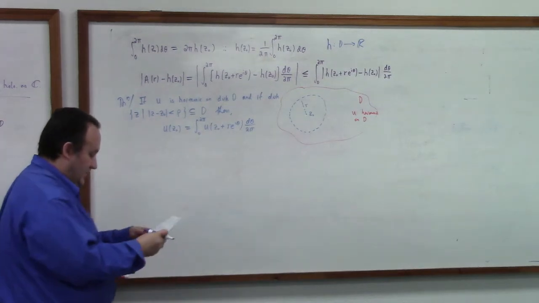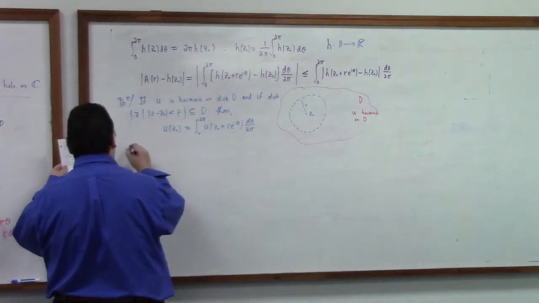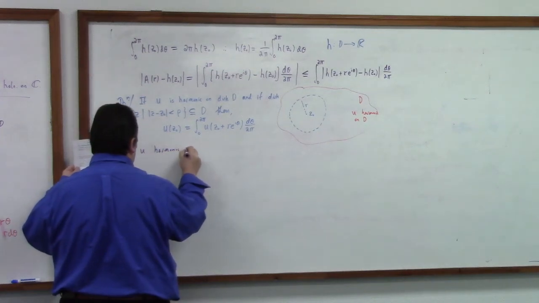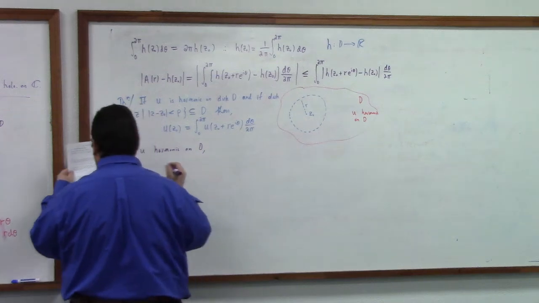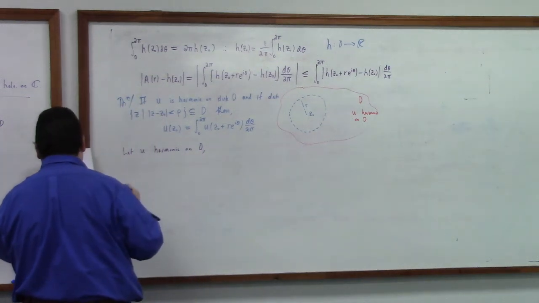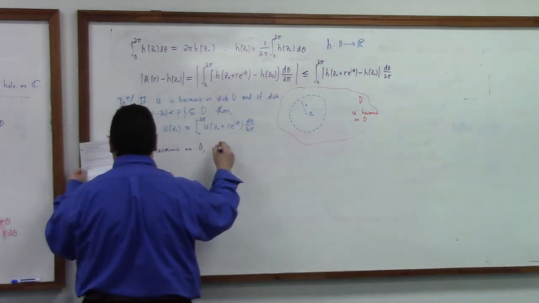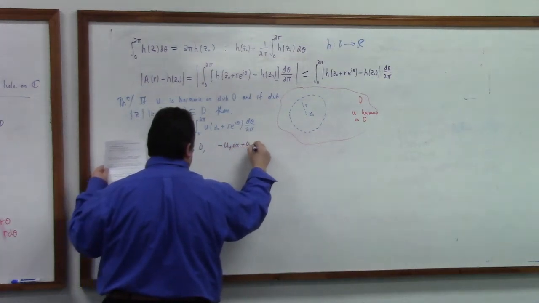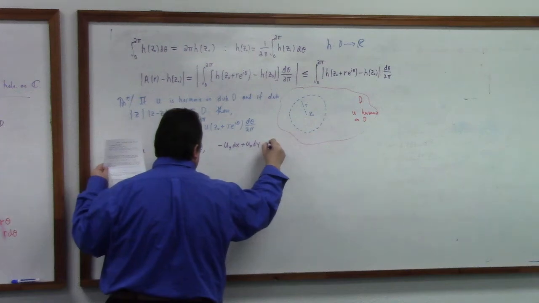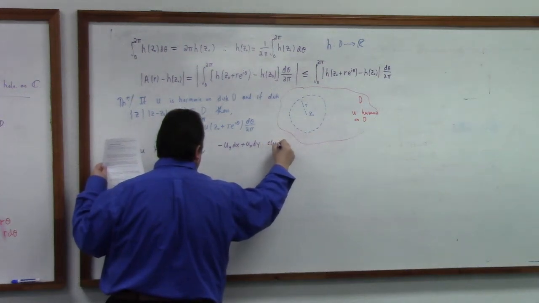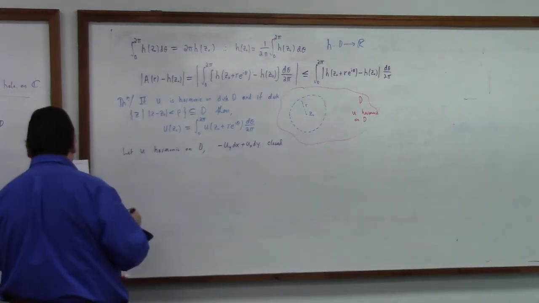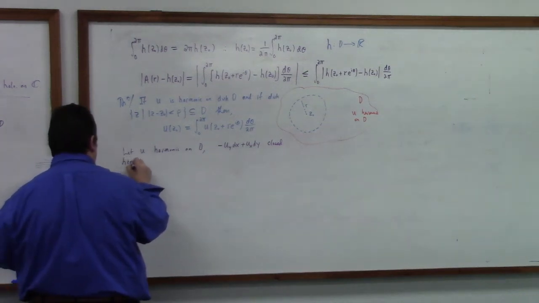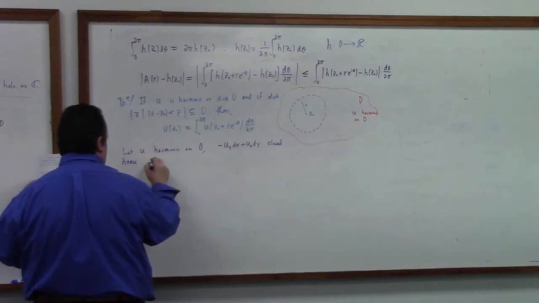Here we go. We let u be harmonic on D. And then we know that minus u_y dx plus u_x dy is closed. And hence, let me call this omega.